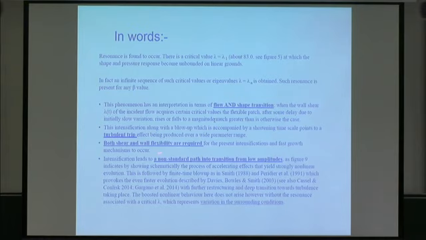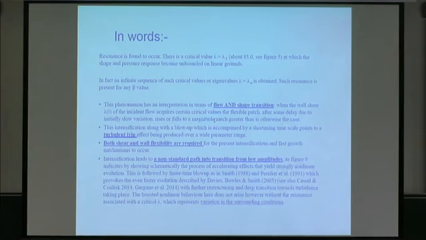Both shear and wall flexibility are required. So if you took away the shear and just looked at the wall modes, they're not that unstable. If you took the wall flexibility away and just looked at the shear problem, then the flow would be completely stable. It's the combination that produces this resonance, and it's also a non-standard path into transition from low amplitudes.